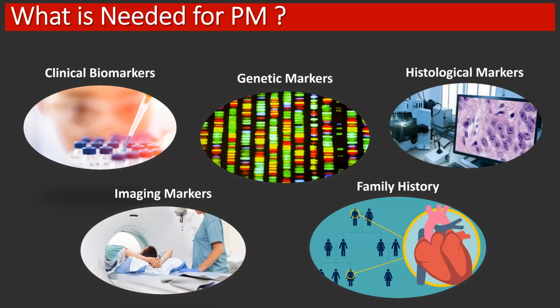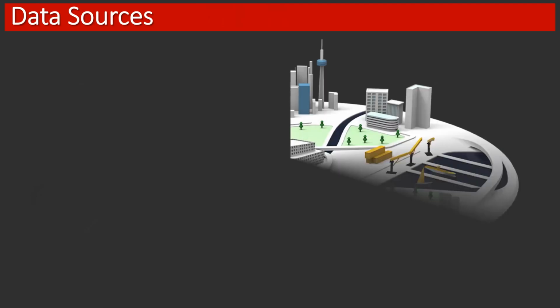In addition, and this is very important, pathology images. We get histology images. This is the current focus of my lab, to use all these types of data, but not only these.